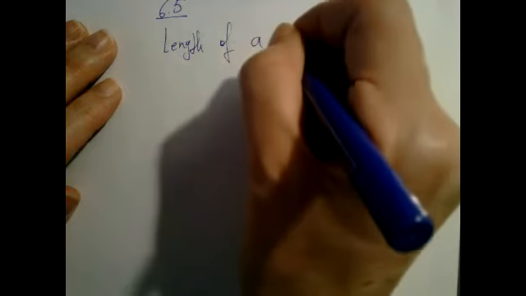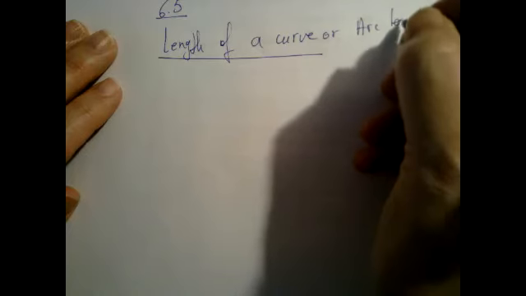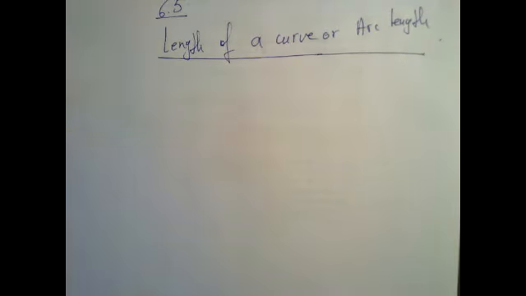Okay. All right. So today we're going to move on to section 6.5. Length of a curve, or sometimes we call this arc length. So what are we talking about?